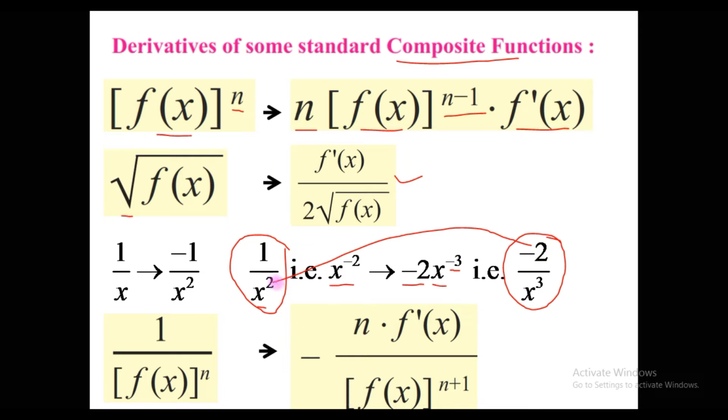As it was 2 here, then it was converted to minus 2. Same way, n is converted to minus n, and the index of the denominator is raised by 1, that is, it will become n plus 1. And again, I have to multiply this by f dash of x. So this is the f dash of x term.